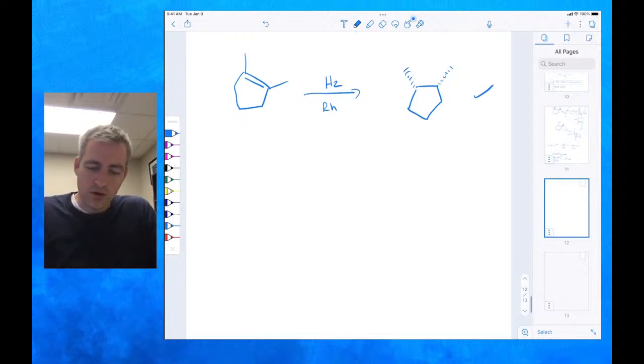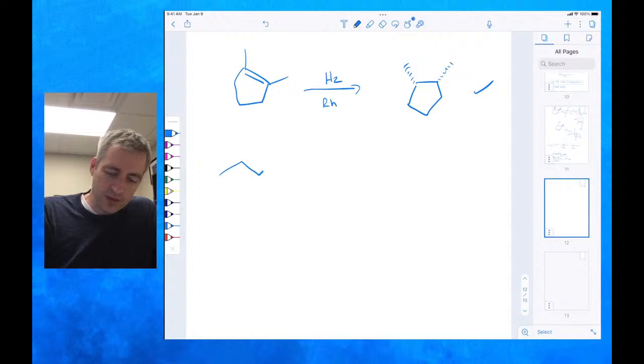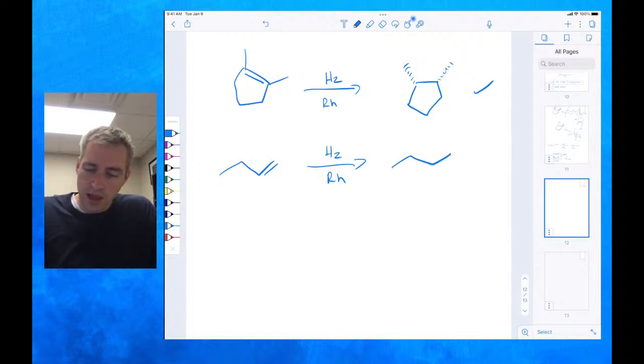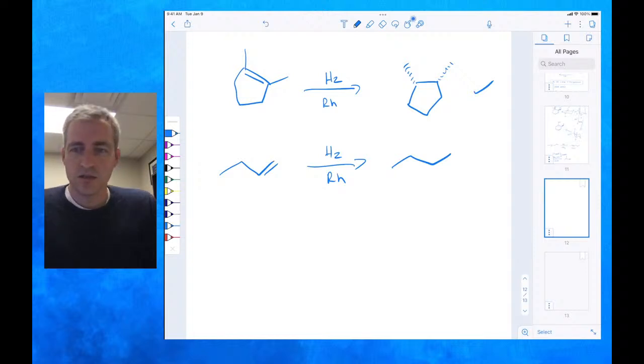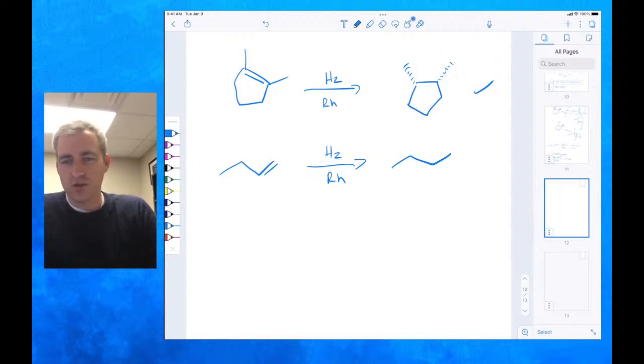Where would be a correct place not to use it? Well, if you have something like this, same reaction. I'm not using dashed or wedged bonds anywhere there because there's no chiral centers. There's no possibility of diastereomers. There's no cis, there's no trans, none of those things. So in some cases you should put it, in some cases there's no point, right? And so that's what I would say.